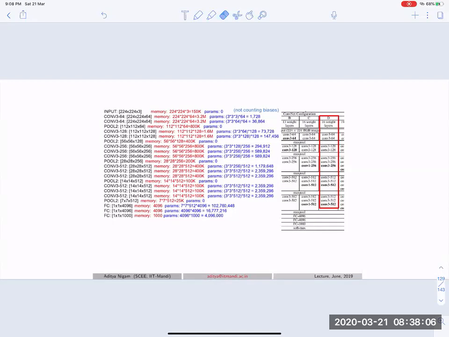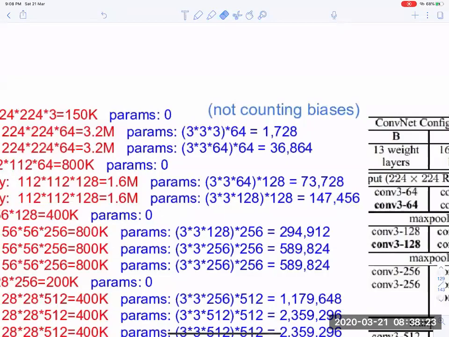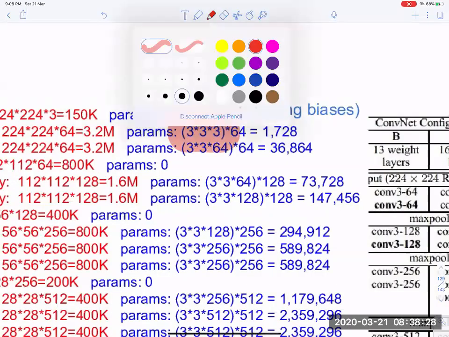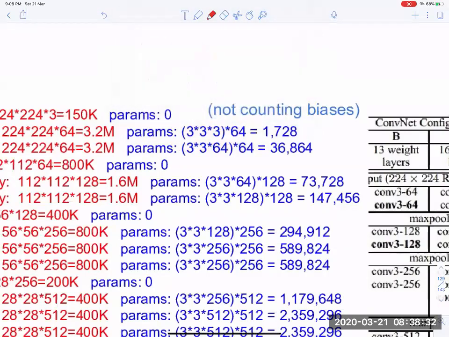They have also shown that a huge number of parameters were there, millions of parameters in total. You can compute these parameters easily: how many filters are there and what is the size of each filter, you just multiply. Suppose it's a 3 by 3 by 3 filter, and there are 64 such filters, this is the number of parameters.